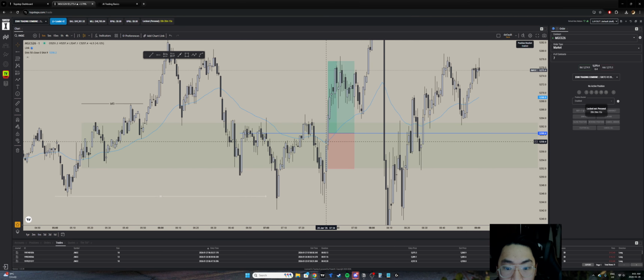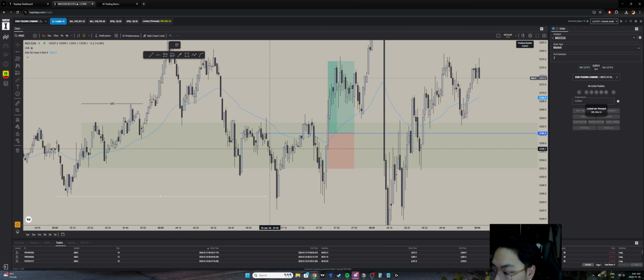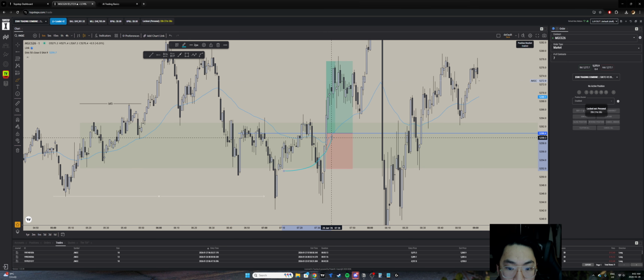Technically, I don't think a limit order is valid, because the limit order would have had to be pretty much underneath, right?